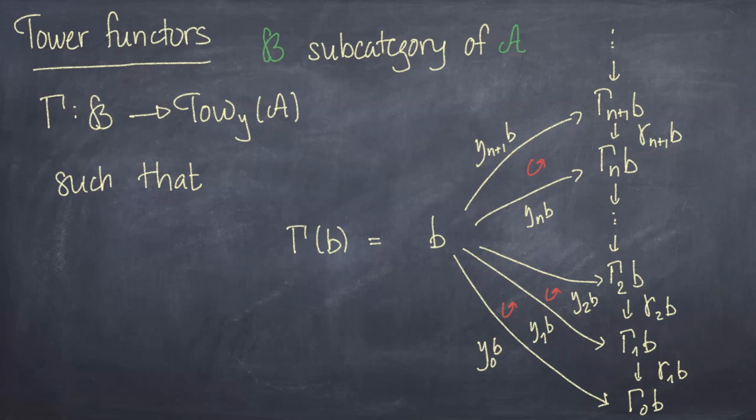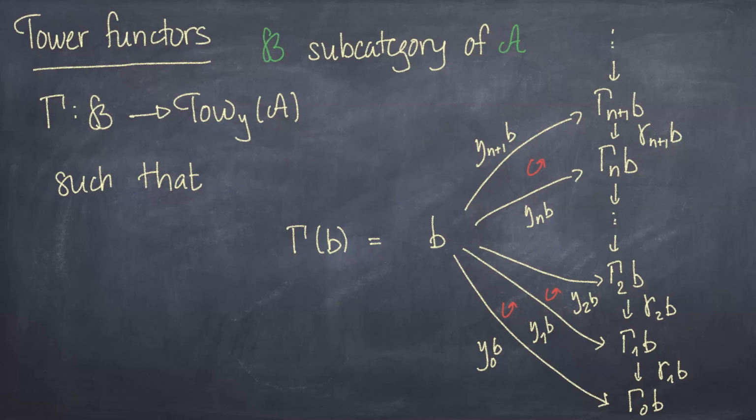And you're looking at these gamma k of b's as being successive approximations, or that's one way you might like to set it up, for your object b. And then the etas are giving you the successive approximation maps from b to each of the gamma k of b's. And so you have this whole coherent co-augmented tower like this. So we're getting closer to really defining more formally what we could think of as a calculus in this sense.